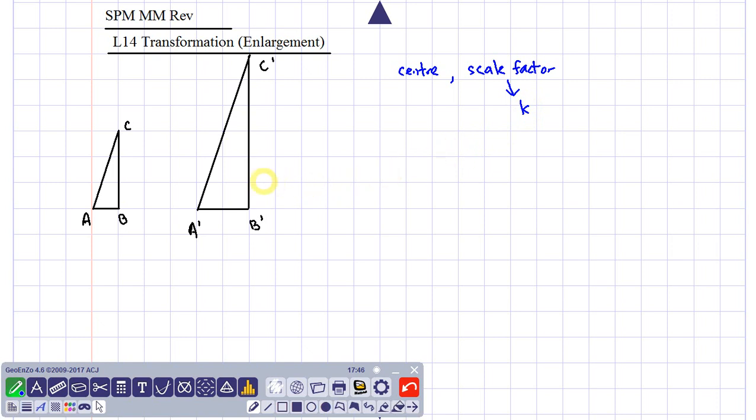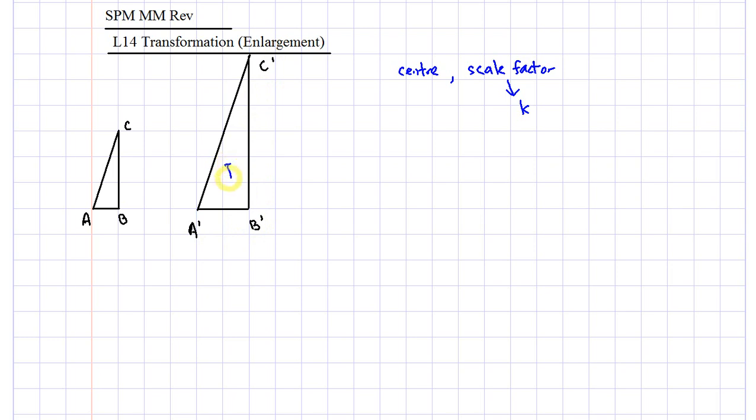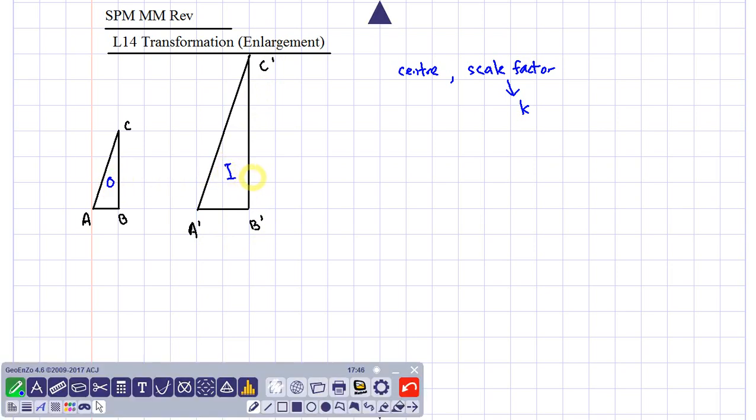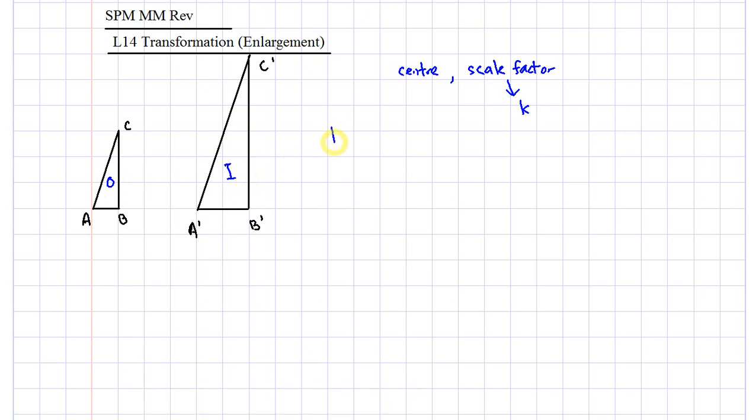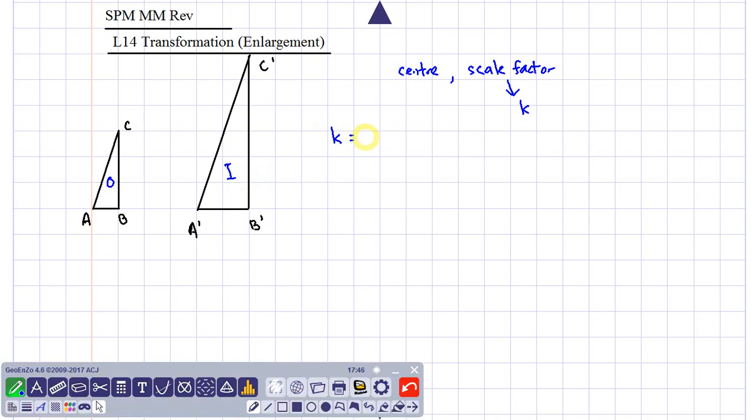It's actually very easy. For example, you have an enlargement here. So this is image because you see A prime, B prime, C prime. This is image, this is object. So what is the scale factor for this enlargement? It's actually easy. K is equal to, always remember, put the length of the image on the top.